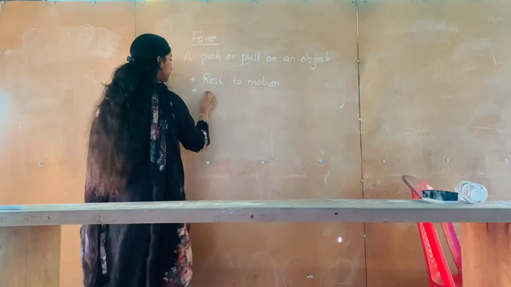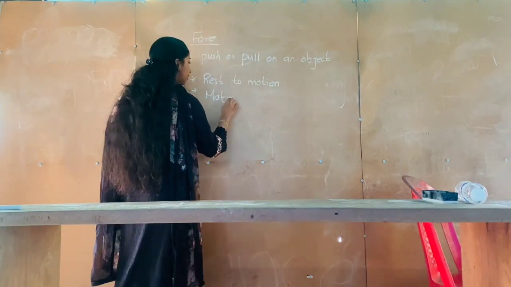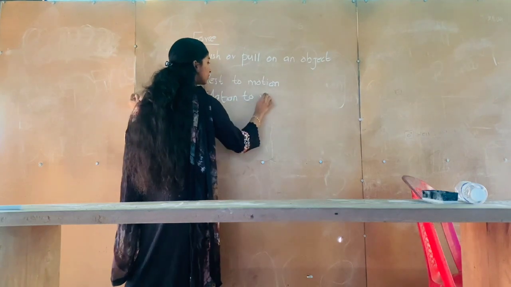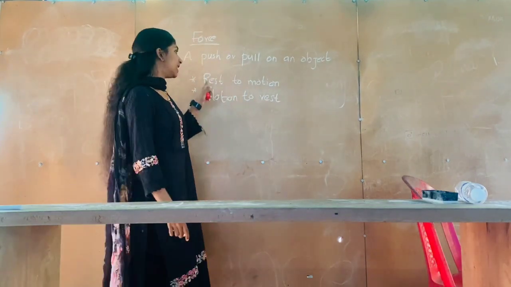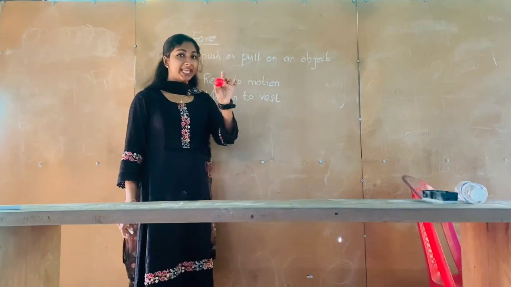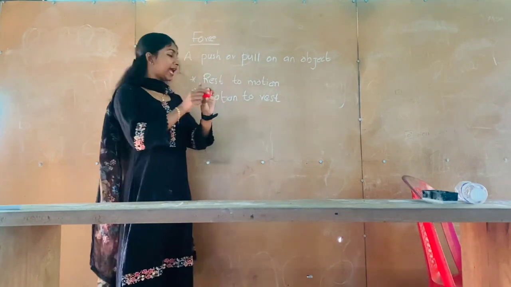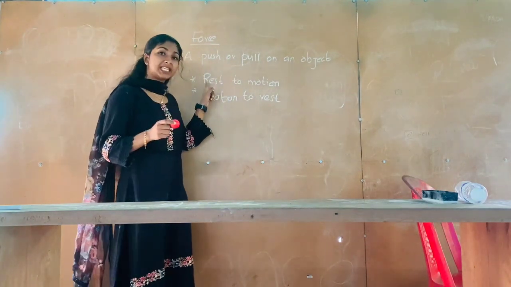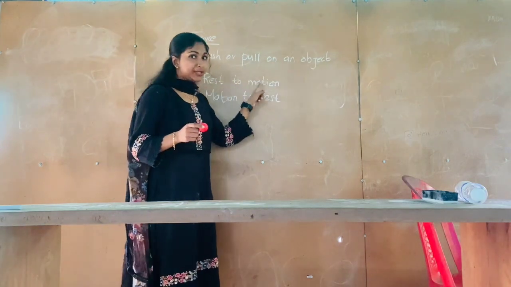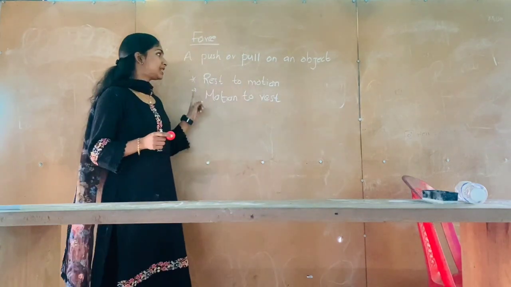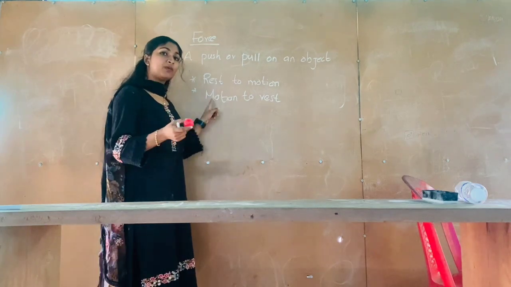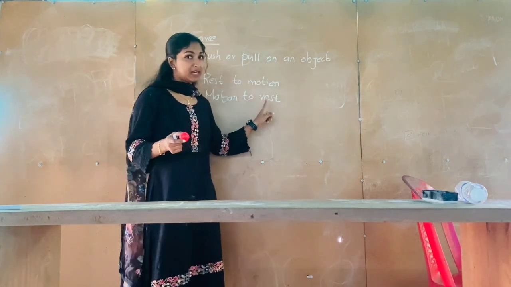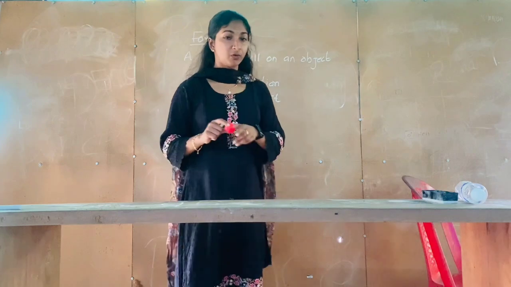That is, motion to rest. First one is rest to motion. On the application of force, we can bring an object at rest to a state of motion. The next effect is, we can slow down or bring down a moving object to a state of rest. These are the two effects of force.